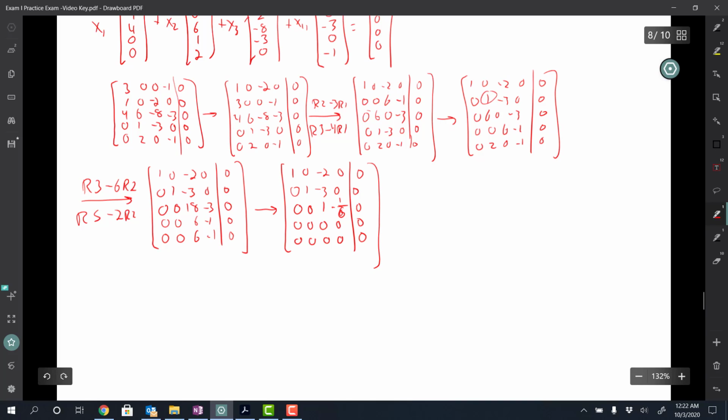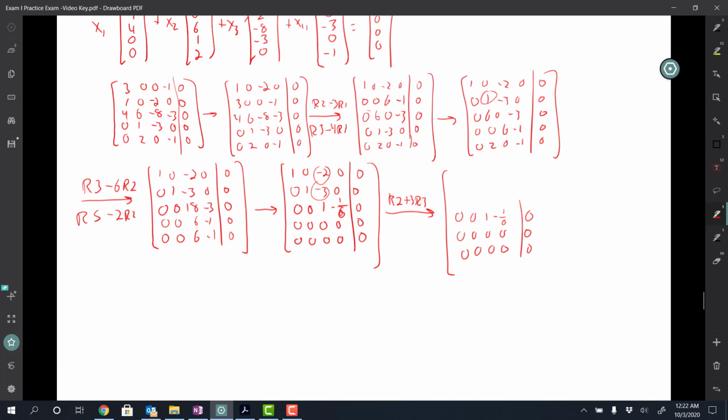All right, from there, now I just need to get zeros above that pivot. To do that, I will take row 2 plus 3 times row 3. Once again, these last rows will be all zeros. They will stay the same. Row 3 will stay the same.